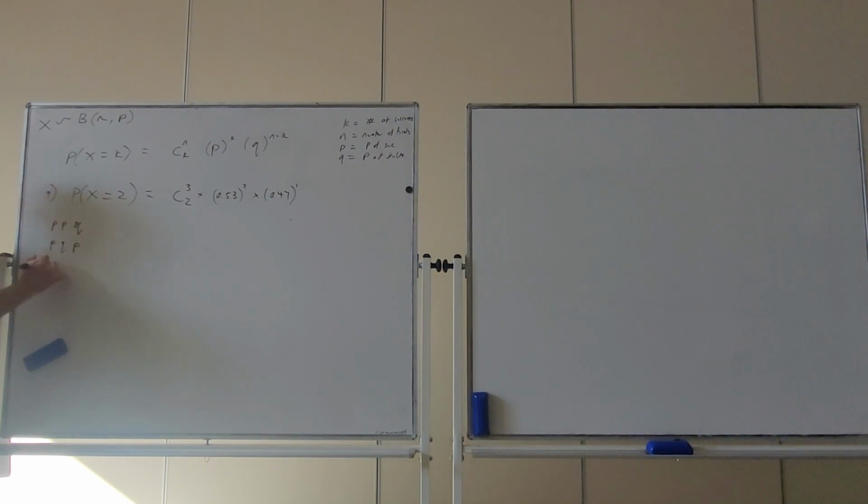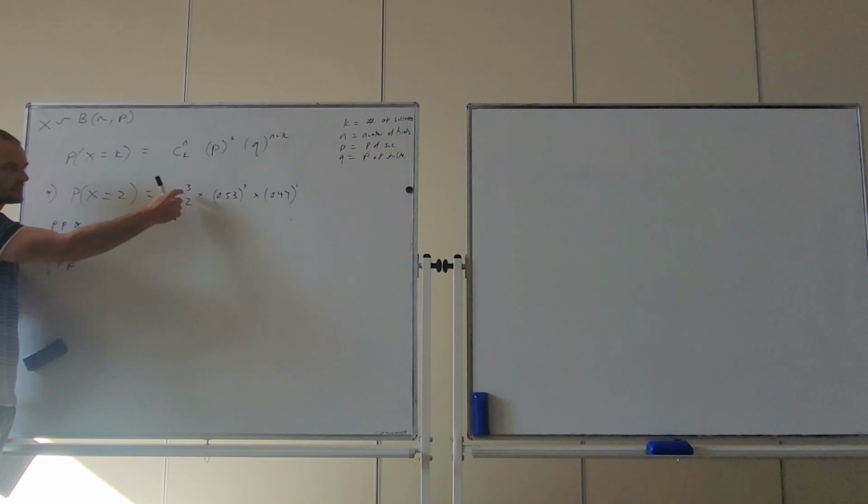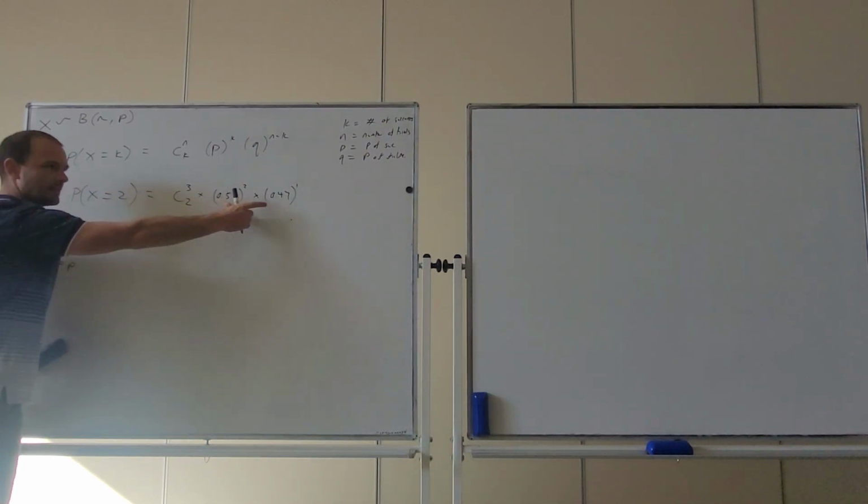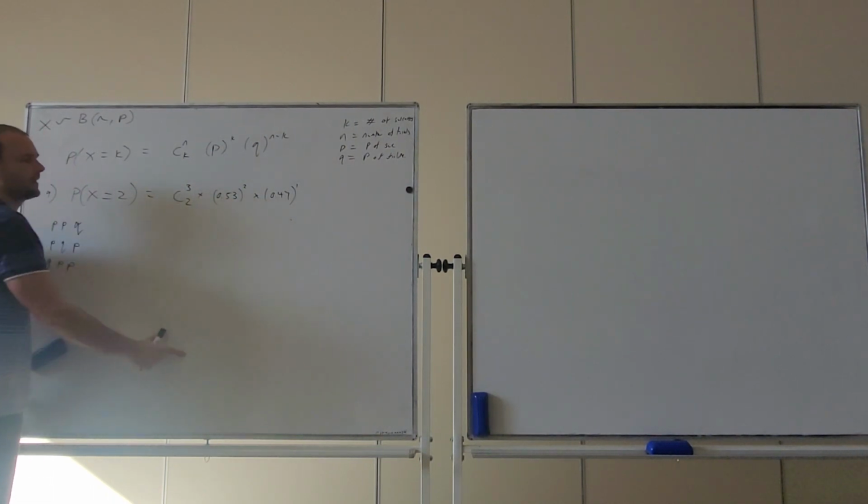Or we could get failure, success, success. So there are 3 ways that it can occur. What this is saying is, how many ways can we have 2 successes from 3 trials? Well, there are 3 ways. Now we do that in our calculator. You don't need to write them all out every single time, but you need to be aware it's happening multiple ways, and this is the conditional probability of that event.